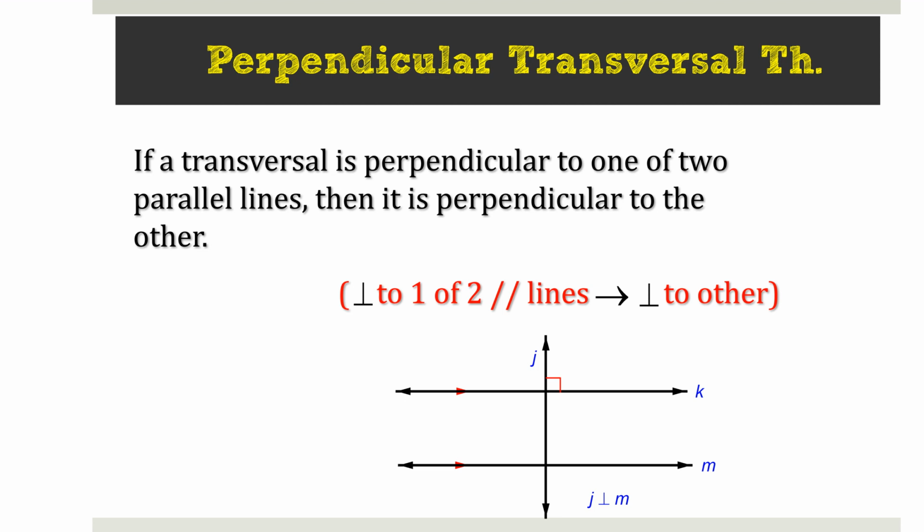This one, this one, this one, this one, this one, and this one. They're all 90. Everything's perpendicular. One big happy right angle party. Still satisfies the previous conditions. I picked two angles at random. They can be either congruent or supplementary. These, however, happen to be both at the same time.